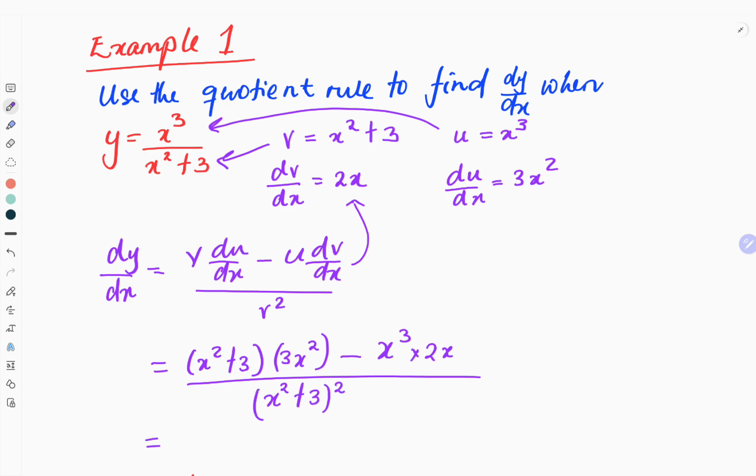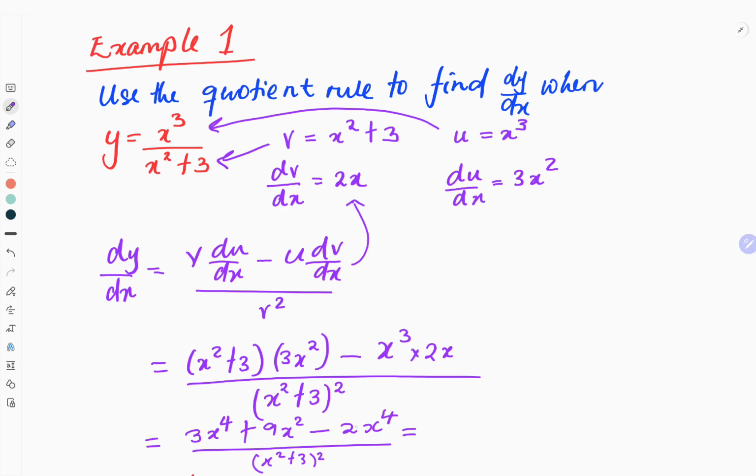This can be simplified further to 3x to the power 4 plus 9x to the power 2 minus 2x to the power 4, divided by x squared plus 3 to the power 2.